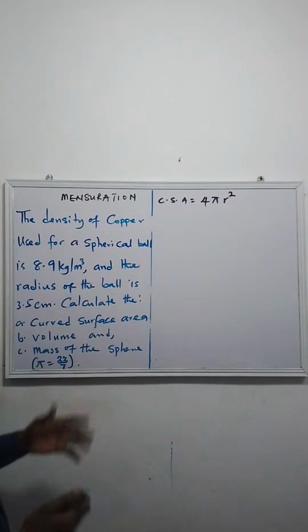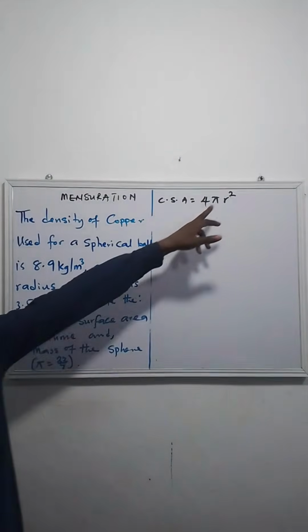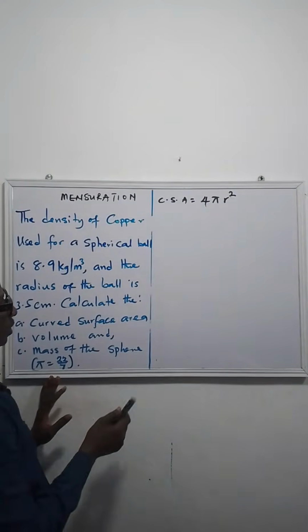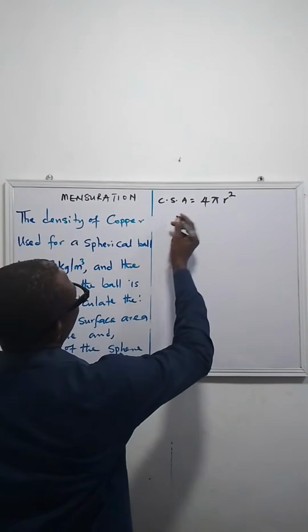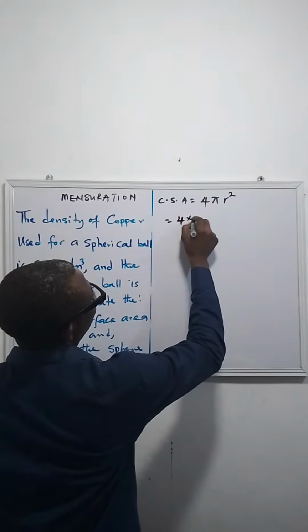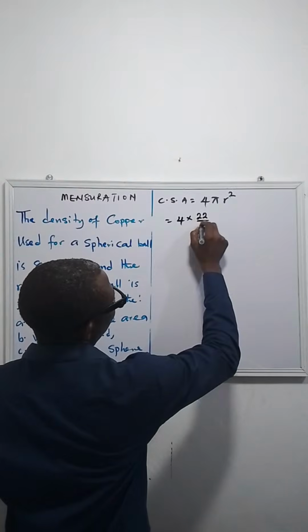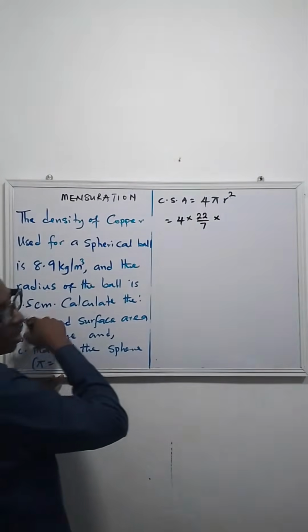All right. So now here we have the radius. The radius is 3.5 centimeters. So let's incorporate that here. We get the curved surface area of the spherical shape to be 4 times, now pi is 22 over 7, so we have 22 over 7 times the radius, 3.5.